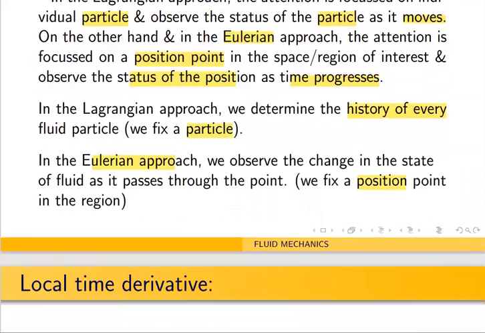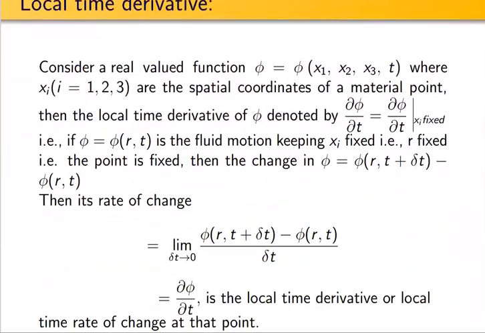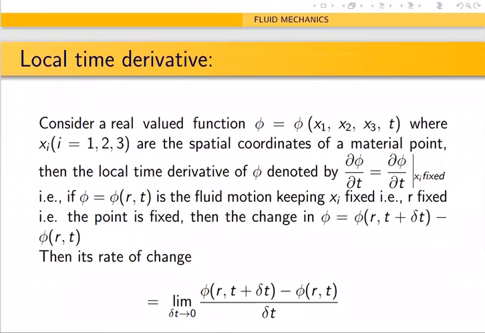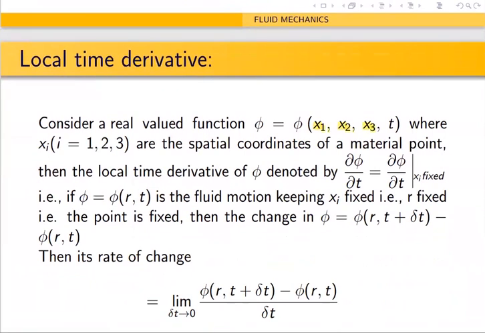Let us see what the local time derivative is. Consider a real valued function φ, which is a function of x's and t. What are x's? The x's are spatial coordinates of a material point.